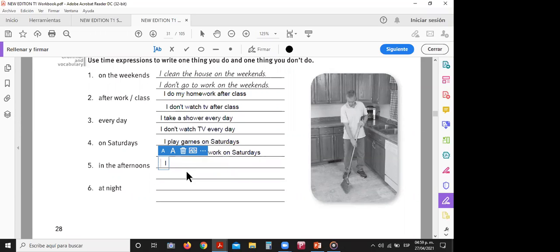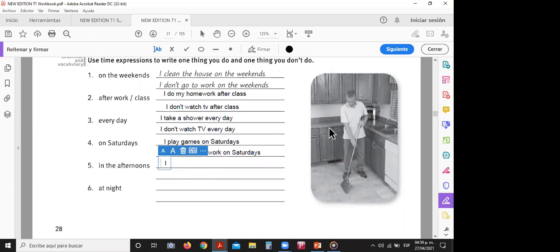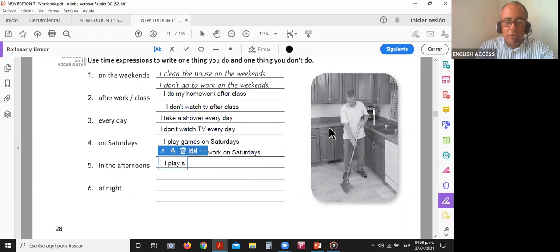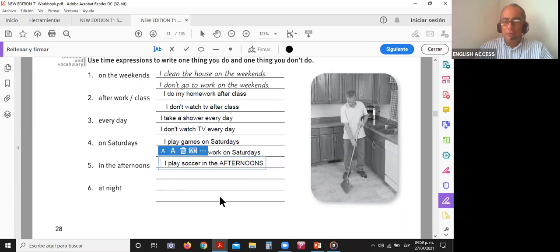I play soccer in the afternoon. In the afternoon. Well, let's put it in lowercase letter. Afternoon. Very good. I play soccer in the afternoons.